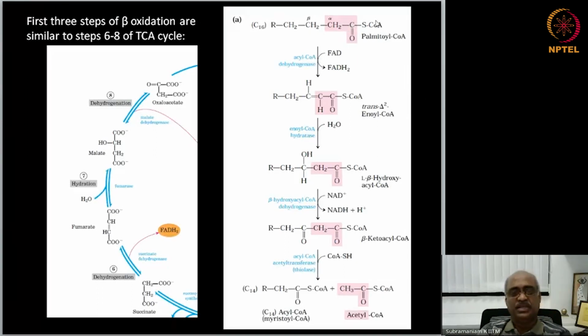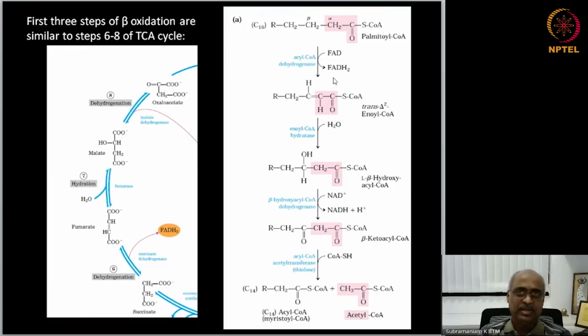So the substrate is acyl-CoA, and therefore it is acyl-CoA dehydrogenase. It uses the same oxidizing agent, and FAD gets reduced to FADH2. And this directly enters into the electron transport chain via an intermediate complex called ETF that we learned when we were looking at the electron transfer complexes.